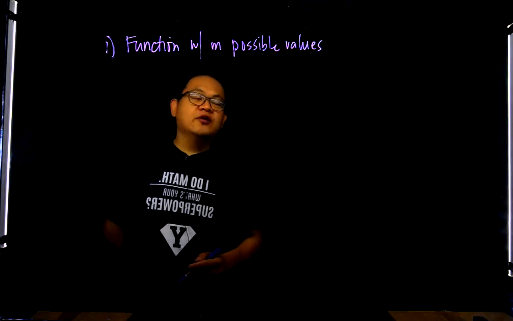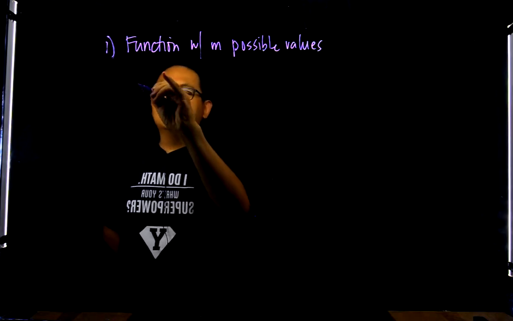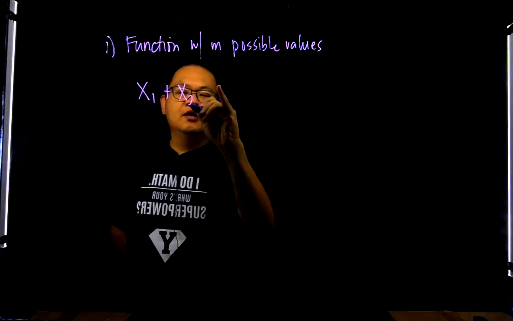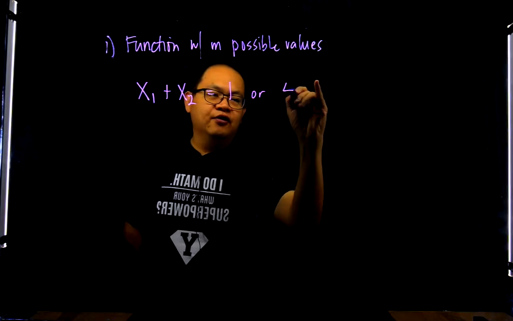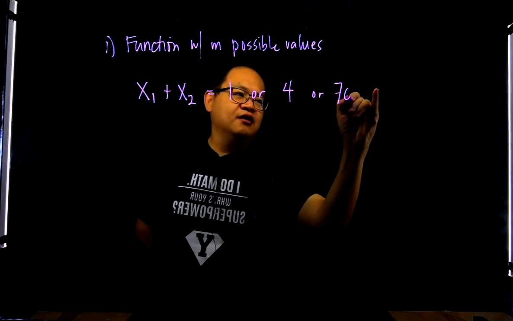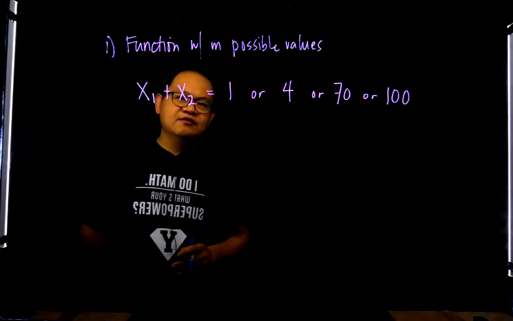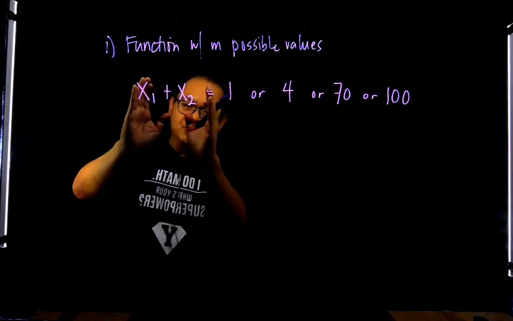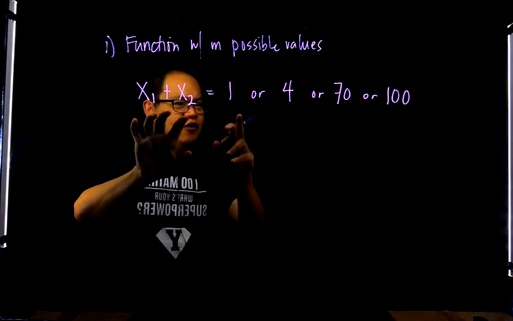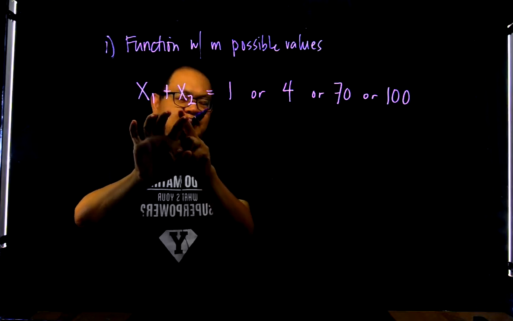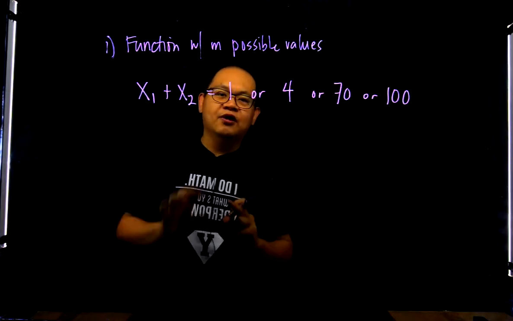Now, for functions with m possible values, let me give you one very quick example. Let's say we have a constraint x1 plus x2, and let's say x1 plus x2 should be equal to either 1 or 4 or 70 or 100. In this very simple example, you have a function x1 plus x2, but this function actually has 4 possible different values. x1 plus x2 can be equal to 1 or 4 or 70 or 100.